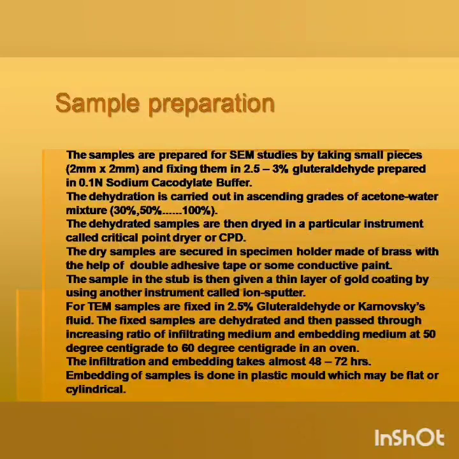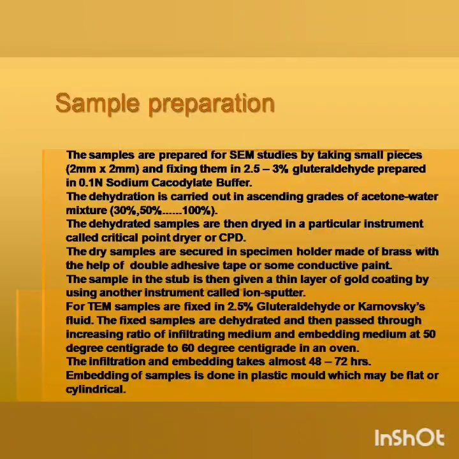In this critical point dryer, the critical point, that is a particular temperature and pressure of a fluid, for example carbon dioxide, is reached, and then because there is no density change at this critical point, the samples are dried without any surface damage.